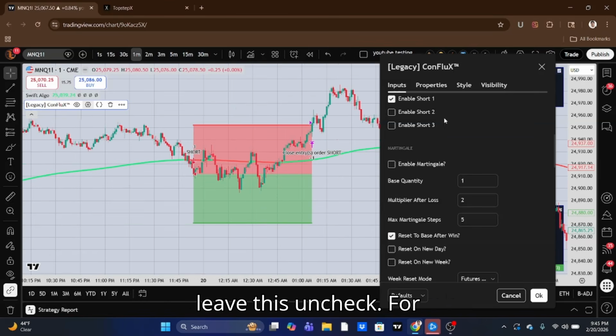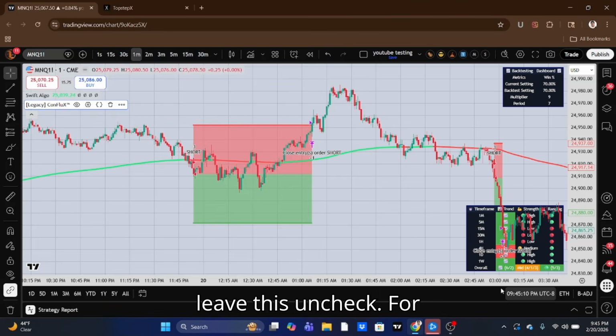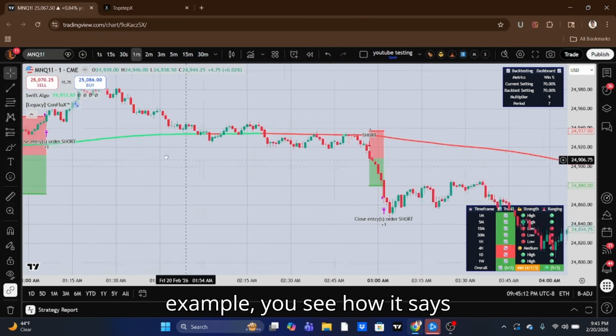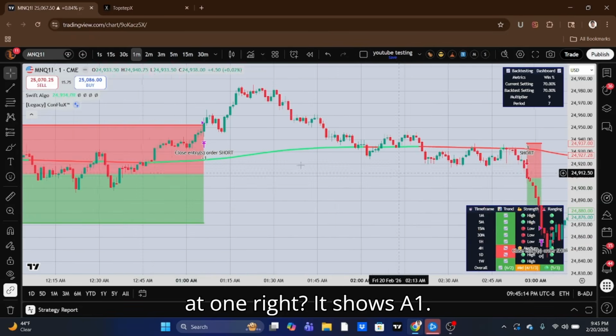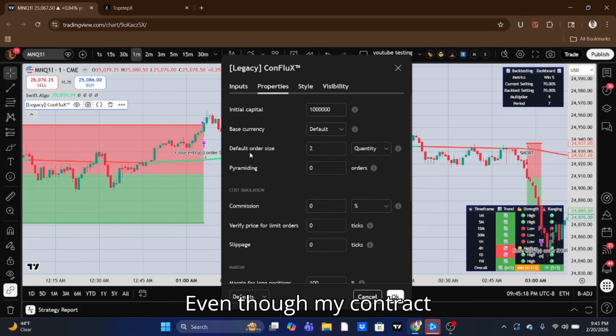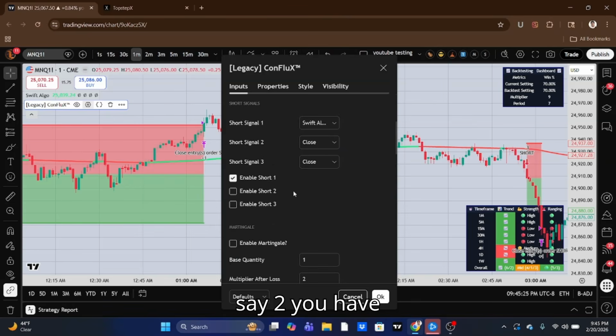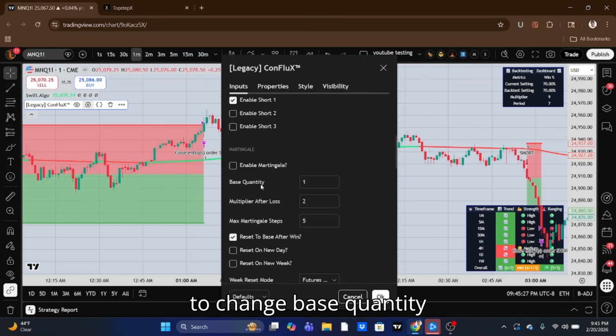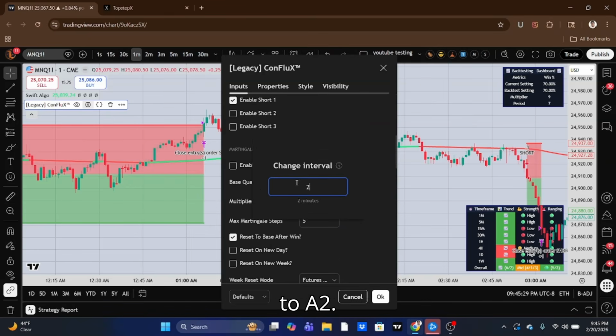So if you leave this unchecked, for example, you see how it says a 1, right? It shows a 1, even though my contract size says a 2. You have to change base quantity to a 2.